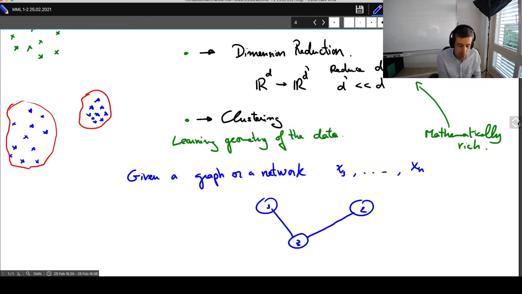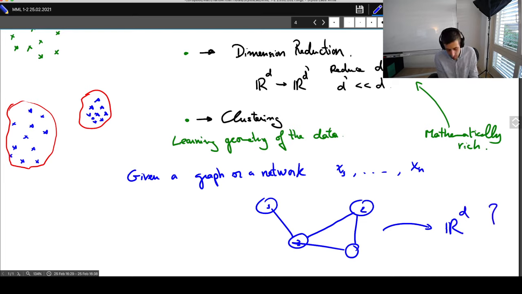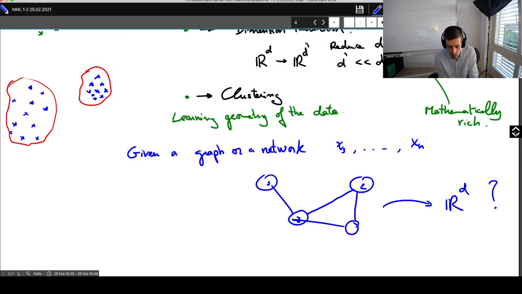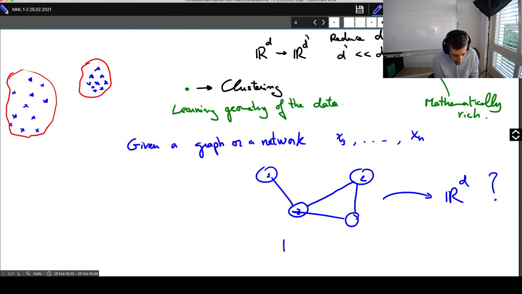You can actually do both of the things that arise above. You can ask, can I go from a graph, from a network, and move these points to R^d? In a way, spectral graph theory attempts to do this. Or you can ask how to cluster a network, or cluster the nodes of a network.